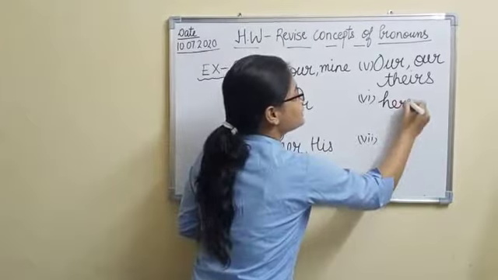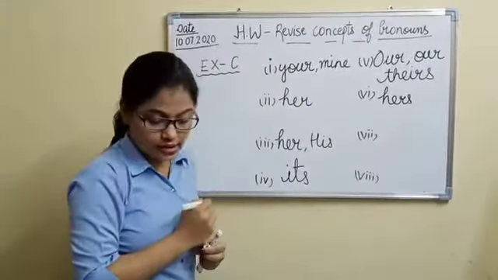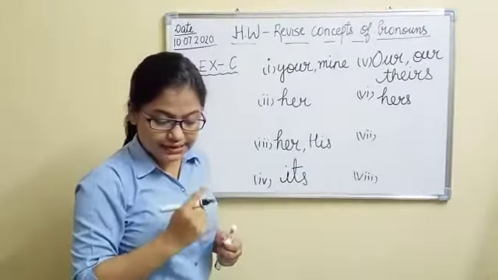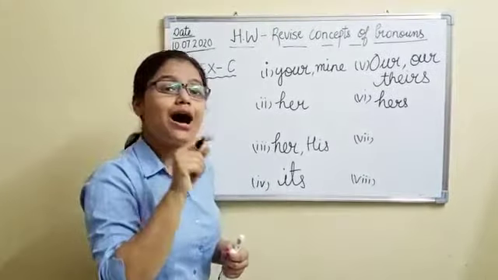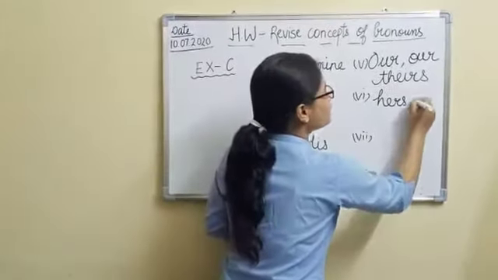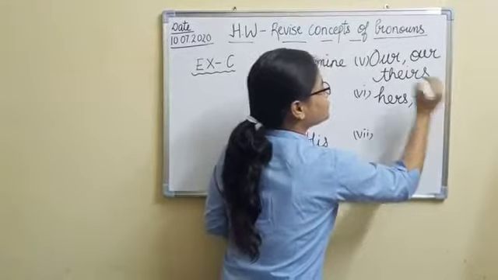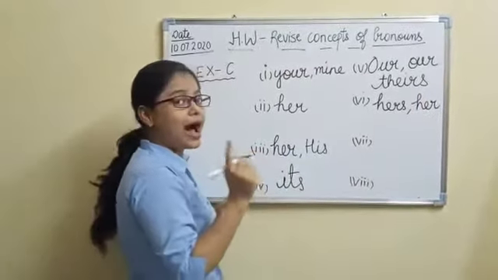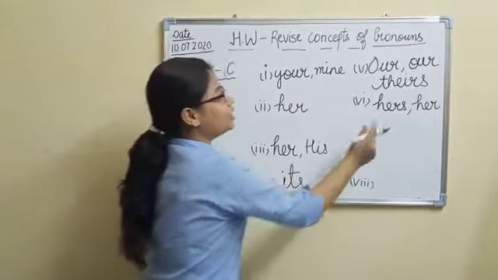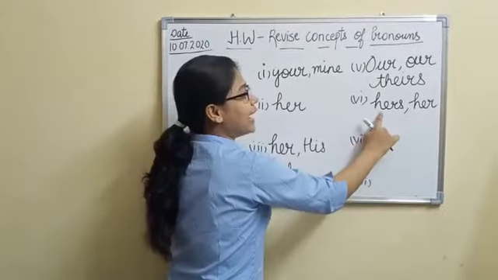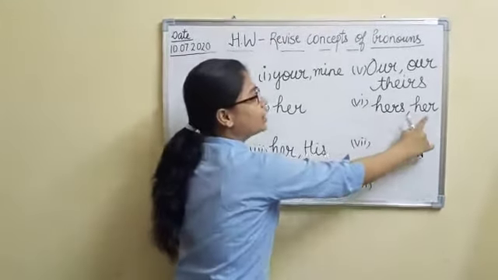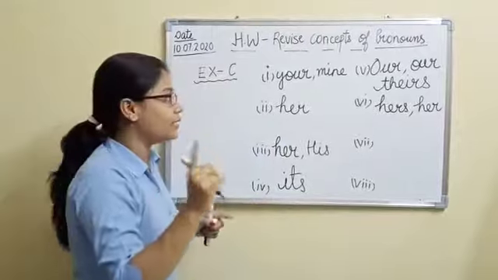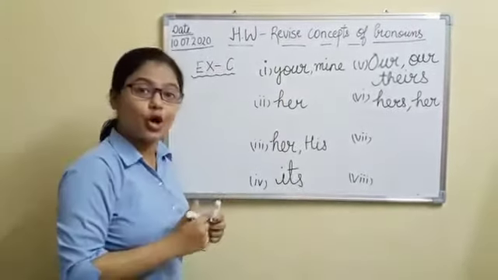The second woman said it was her child. Right? And you all are noticing, I think, that here we have used the type 2 possessive pronoun and here we have used type 1. Similarly, in the other blanks also.